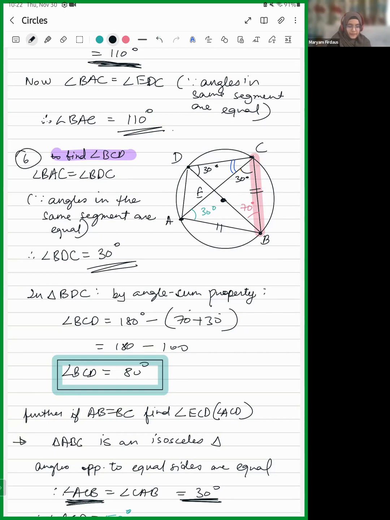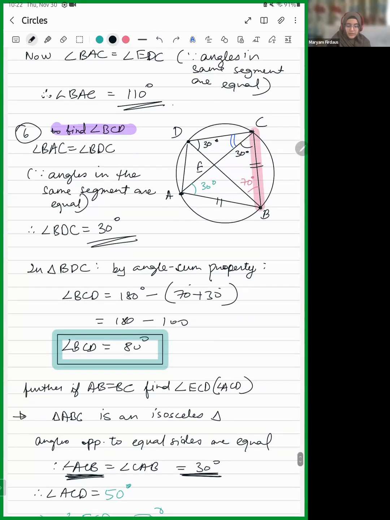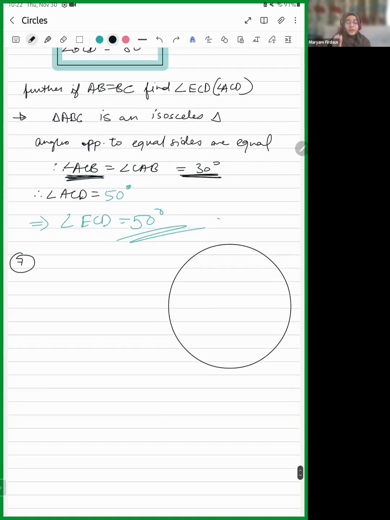So this quadrilateral is not a rectangle. But if there is a cyclic quadrilateral in which both diagonals pass through the diameter, then that quadrilateral happens to be a rectangle.